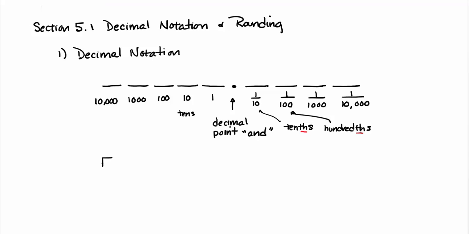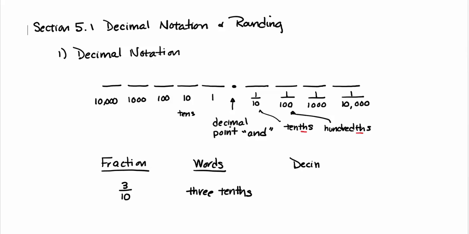So let's take, for example, the fraction 3/10, right? In words, we say 3/10. Right? And then in the decimal format, we say 0.3 because this is in our tenths place.